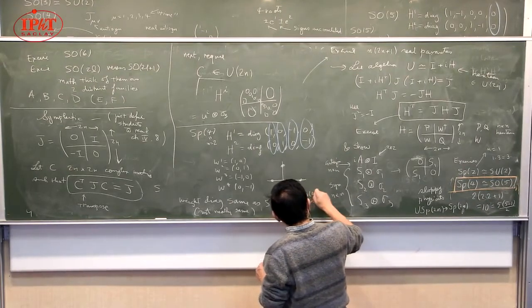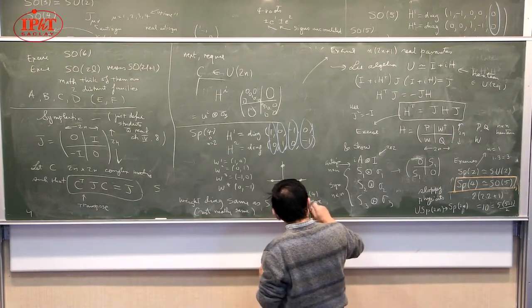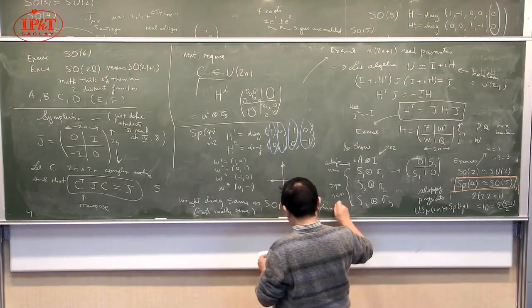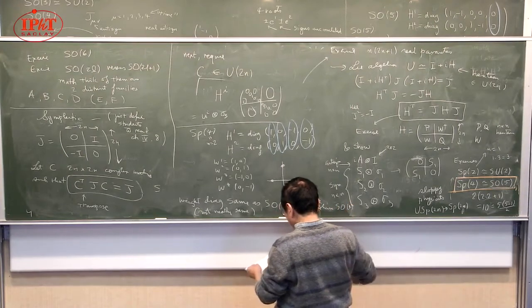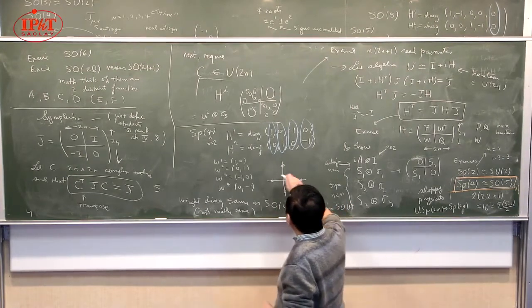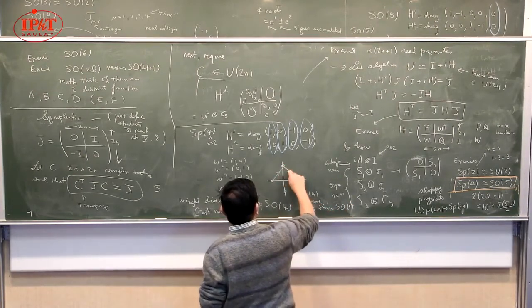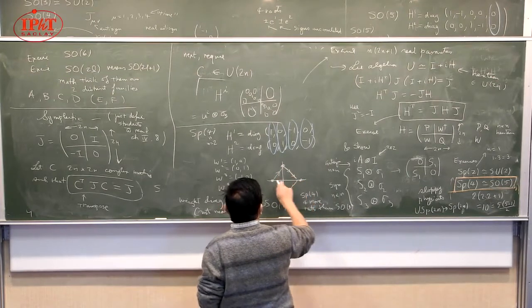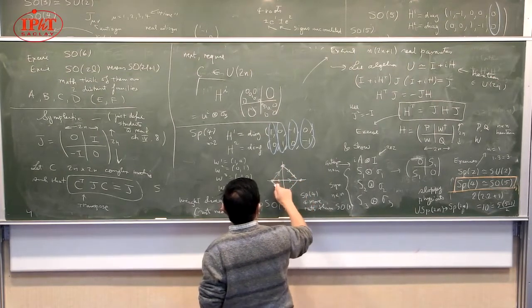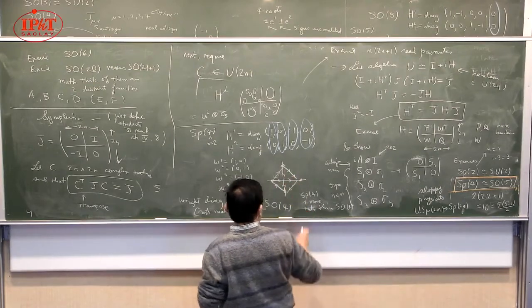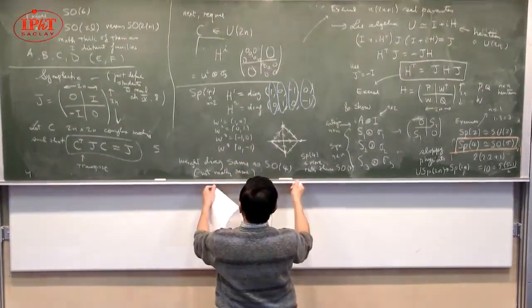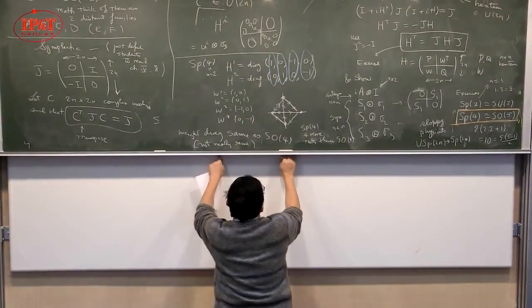SP4 has 4 more roots than SO4. Okay? Because before we can only have these guys taking the 4 things, and now just like before we can have these. So again, I hope I have not erased it.